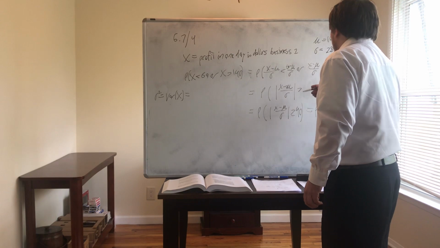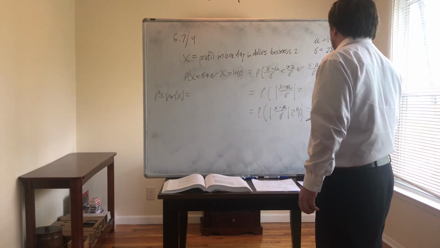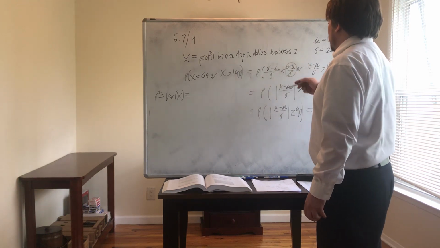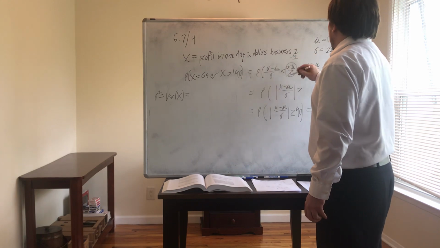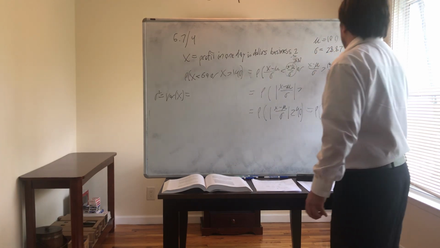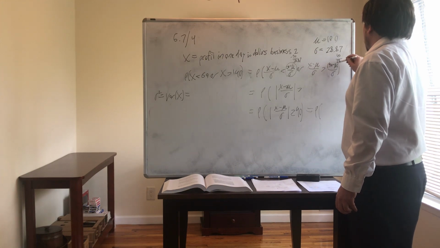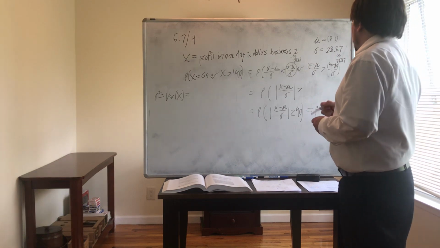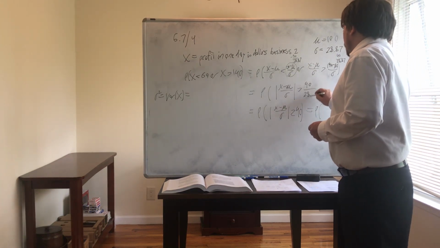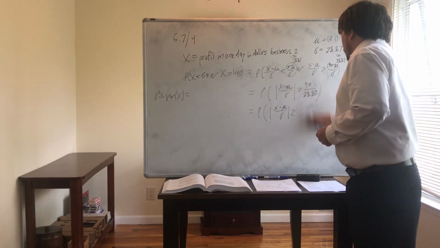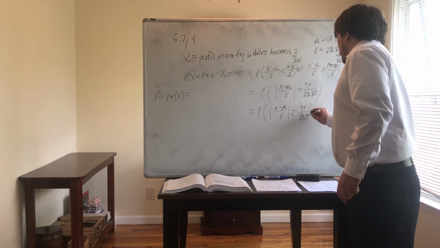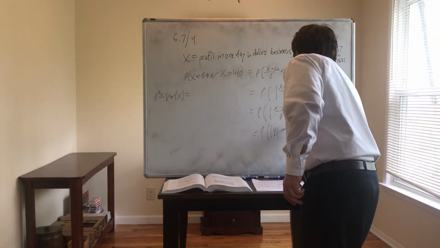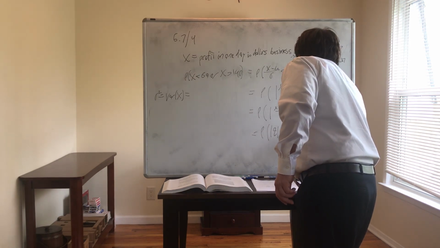So 60 minus mu over sigma is negative 40 over 28.87, and this is 40 over 28.87, so this is greater than or equal to 40 over 28.87. So that's Z. This is the probability that the absolute value of Z is greater than or equal to 40 over 28.87.